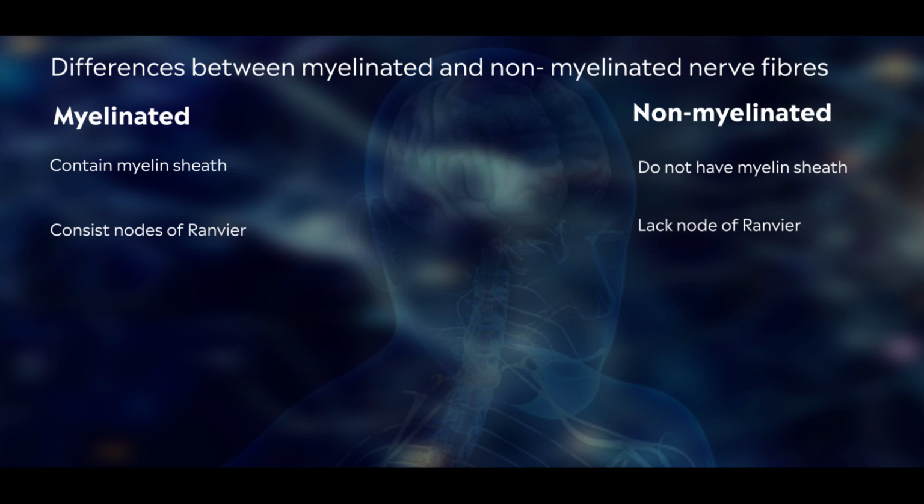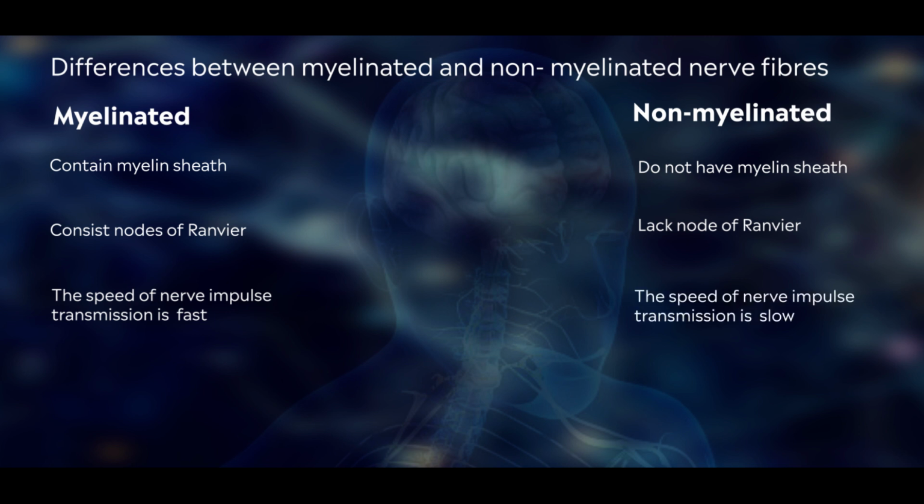Then the third point of difference can be, since transmission of impulse occurs only at nodes, the speed of transmission is very fast. So in short, we can say, due to the presence of nodes of Ranvier in the myelinated nerve fiber, the conduction of impulse will be faster. Whereas in non-myelinated nerve fiber, the nodes of Ranvier are absent, so as a result, it is very slow.